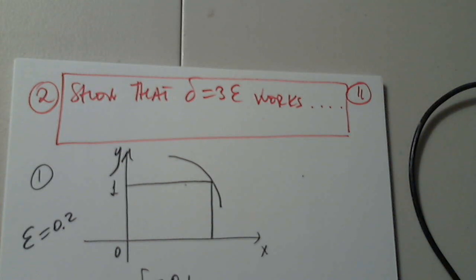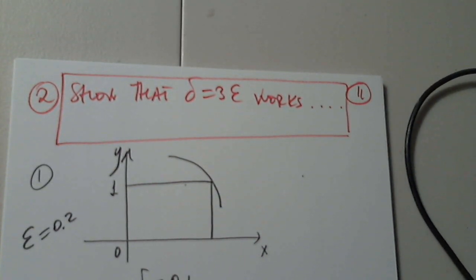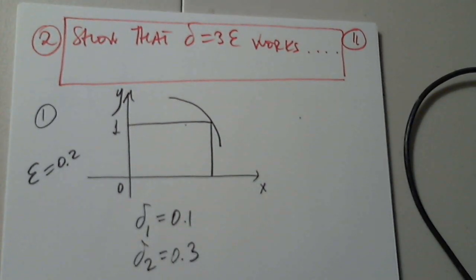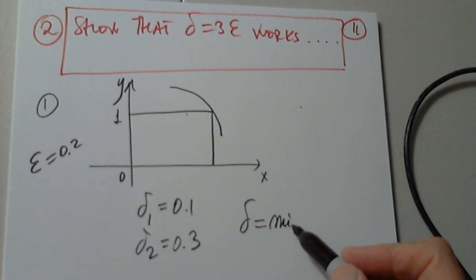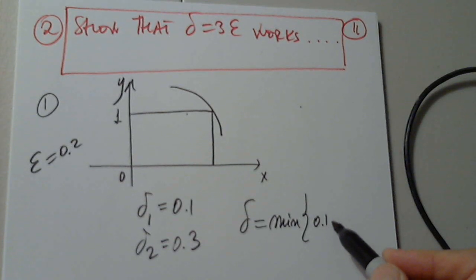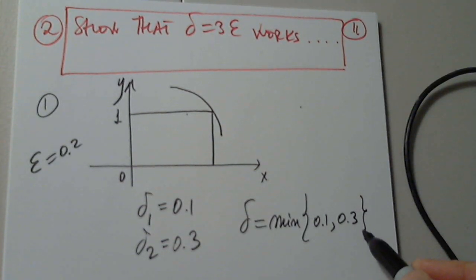Very good. Can anyone give us this distance now? 0.3. Yes. We have to choose the minimum of those two. So in mathematical terms, delta equals the minimum of 0.1 and 0.3. And what is the answer? 0.1.